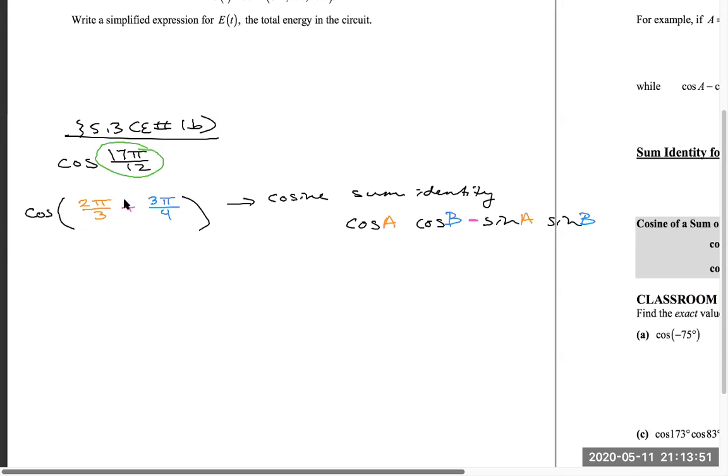The sum identity comes from the sum part right here, and there's actually going to be a minus in the formula. If it helps to see, this is the same thing as cosine of A plus B.